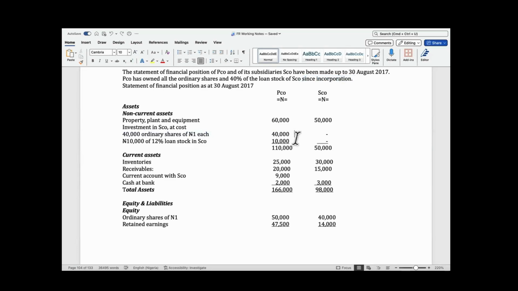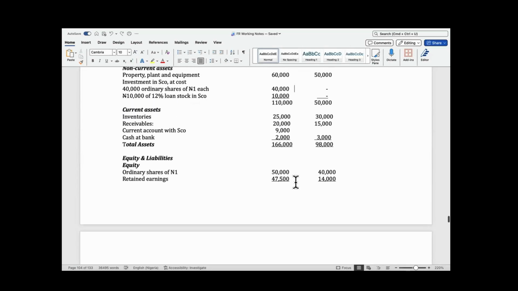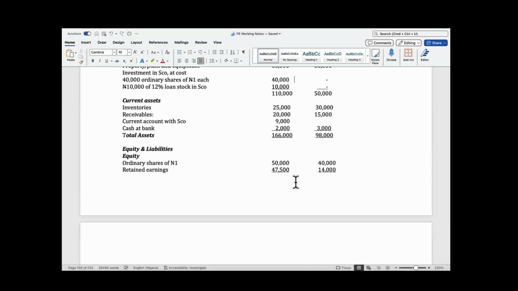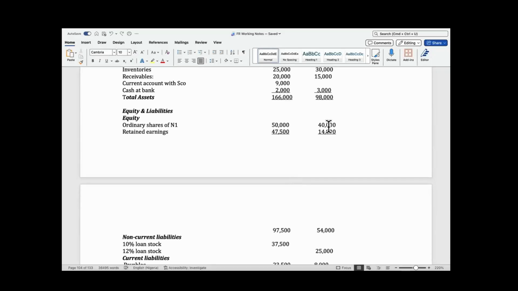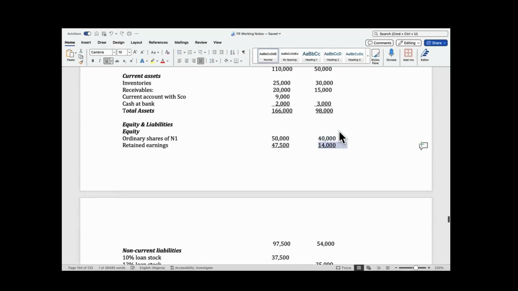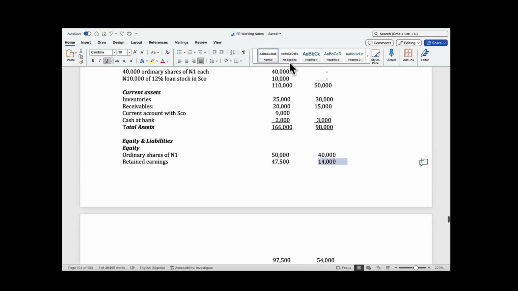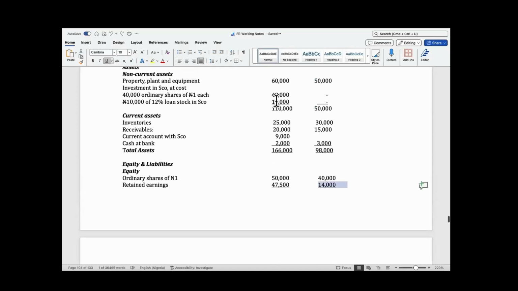We are going to cancel it out against the ordinary shares or against the equity of ESCO. But when you look at the equity of ESCO, it comprises 40,000 and 14,000. So are we going to cancel out the two? Or which are we going to cancel out here? Which of these two relates to this 40,000? Let me ask Michael.